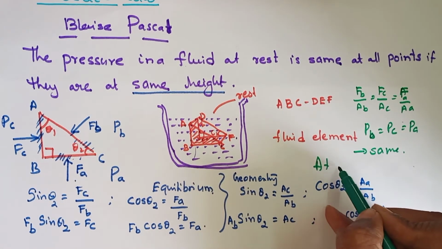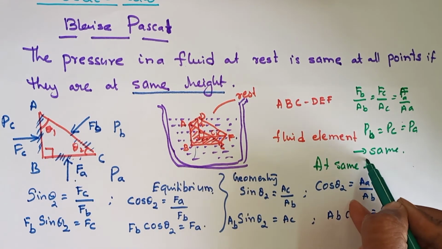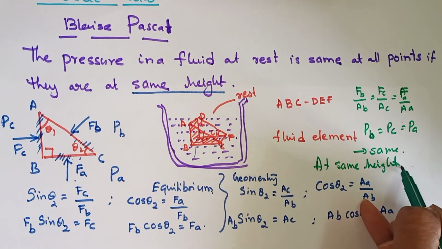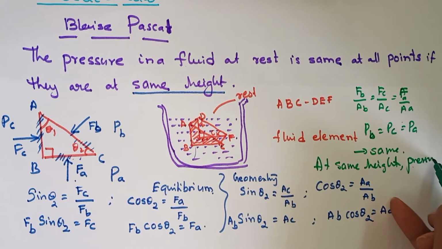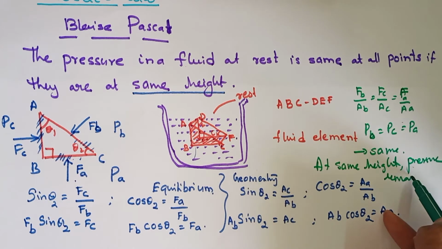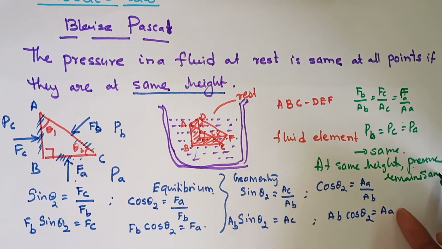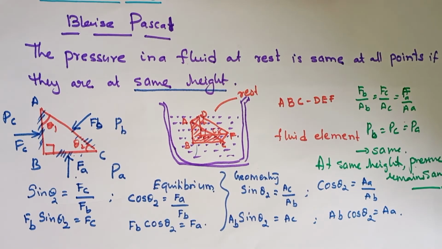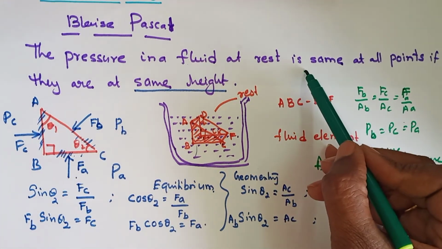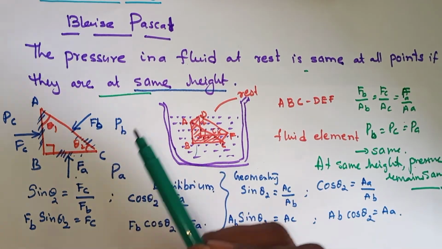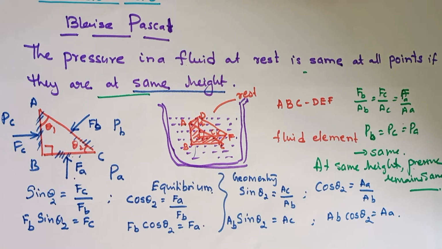At the same height, pressure remains the same. This gives the Pascal law: pressure in a fluid at rest is the same at all points if they are at the same height, right?